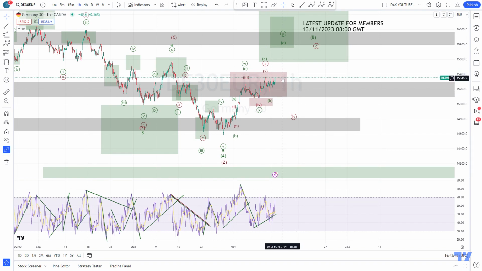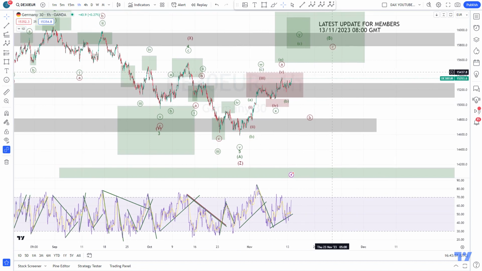But it looks like we will take out the high right here. And if that happens, then I would actually go for the WXY scenario.